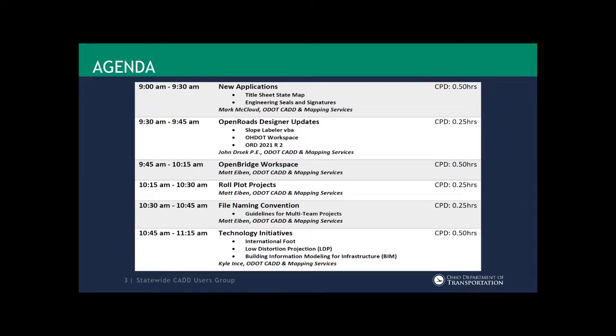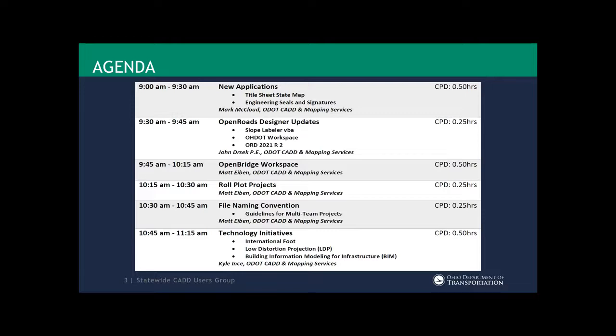Just a quick rundown of the agenda today. We actually had a change. I will be going first, talking about some of the new applications that we're going to be deploying: our title sheet map update, which is DGN based, and also our engineering seals and signatures app. Then JD will be discussing the OpenRoads updates, including a slope labeler VBA.